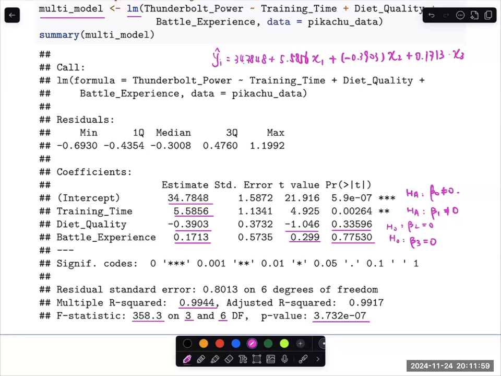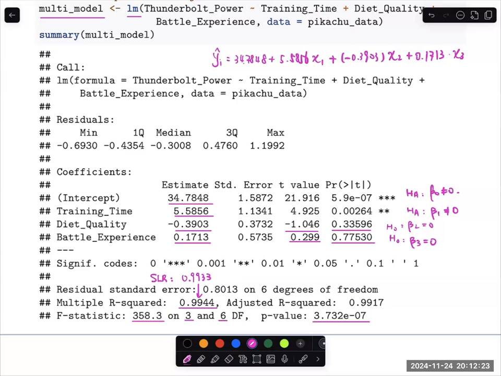So compare with the previous result, if you still remember, previously, when we had only simple linear regression, we were having an R-square value equal to 0.9933.